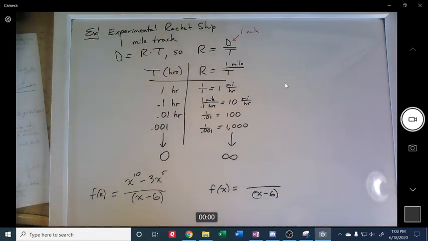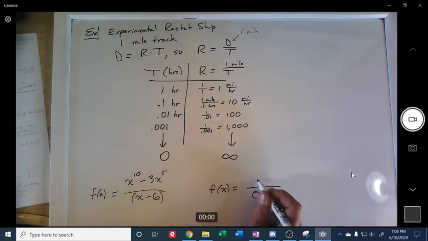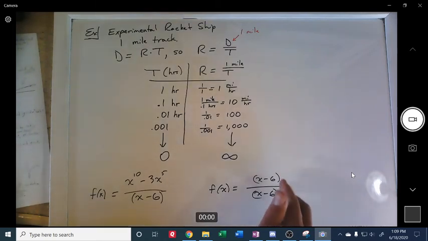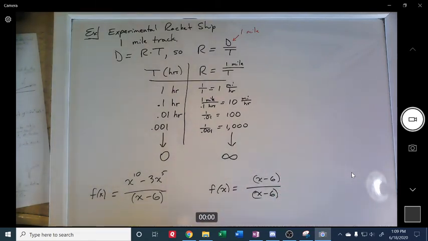So if I have this, then at first glance you say, oh, here's a vertical asymptote at x equals 6. But no, they are going to reduce. And when x is 6.01, you're going to get 0.01 in the top and 0.01 in the bottom. You're going to get 1. This is going to reduce to 1 for every value of x, except for the one value of when x is equal to 6.